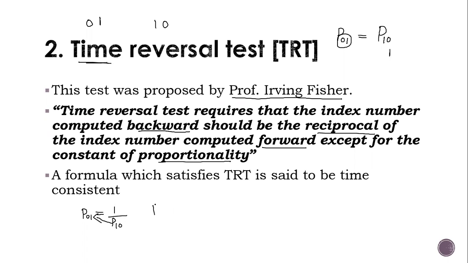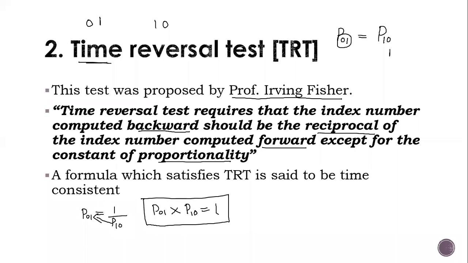That means the price of the base and the current year into the price of the current and the base year is equal to 1. That means the time reversal test says that when the price of the base and the current year is reversed, that is the price of the current and the base year, the product should be equal to 1. Okay, so this can be satisfied.